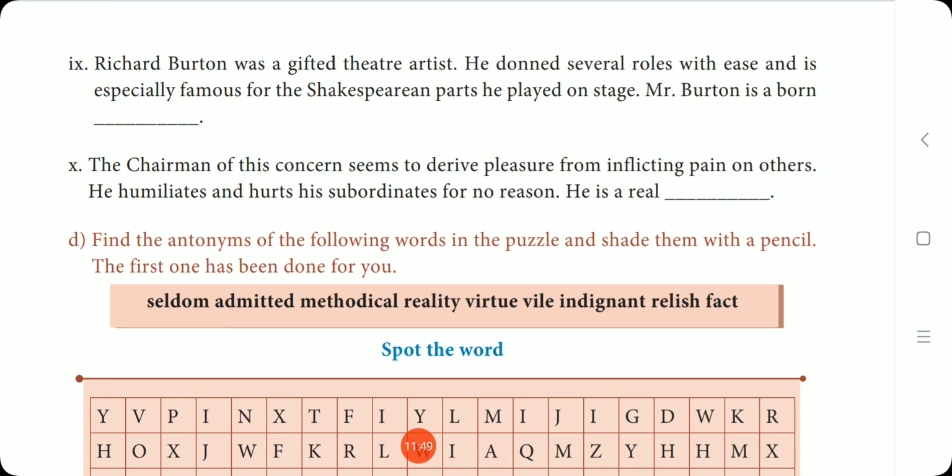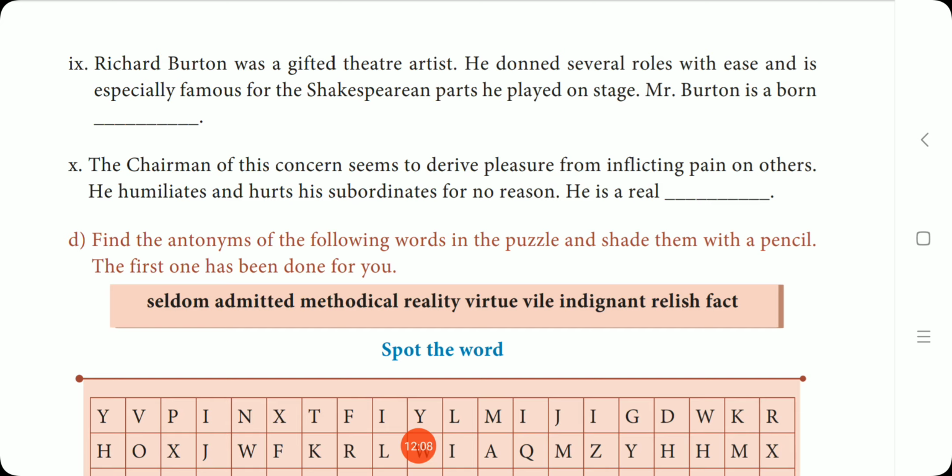So we call such a person, an actor or actress who performs stage plays very well, a Thespian.